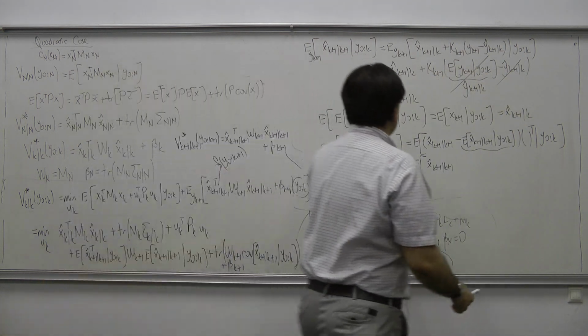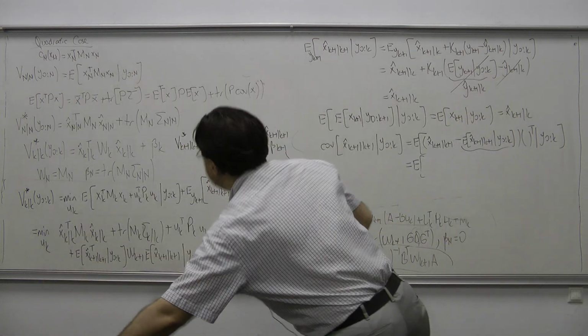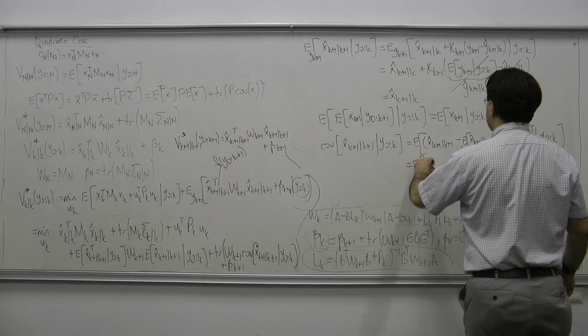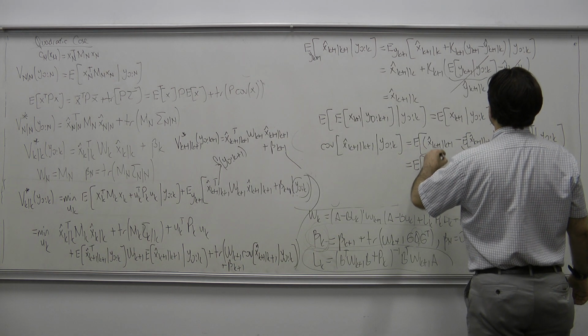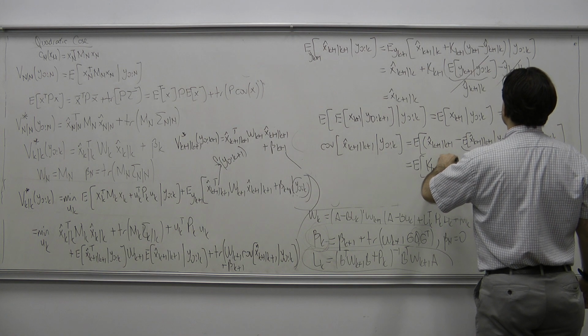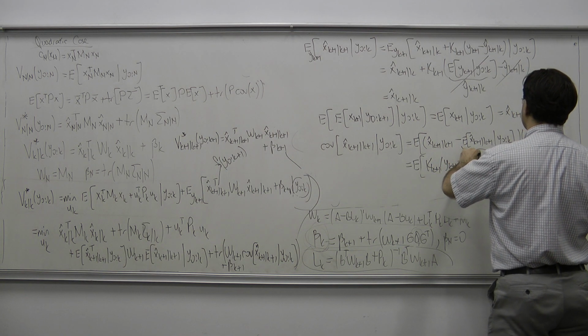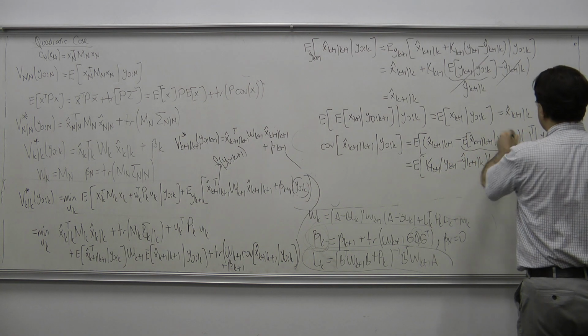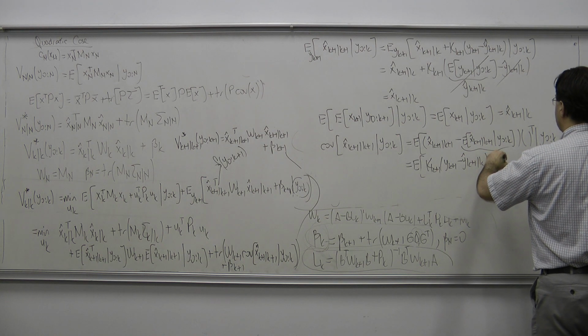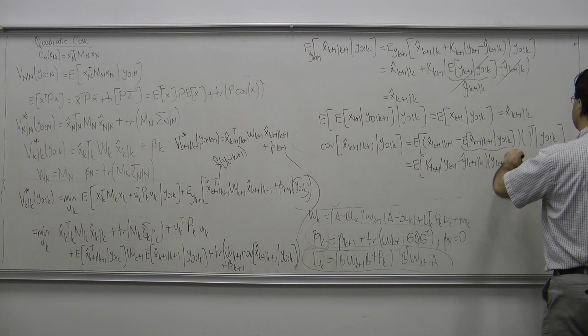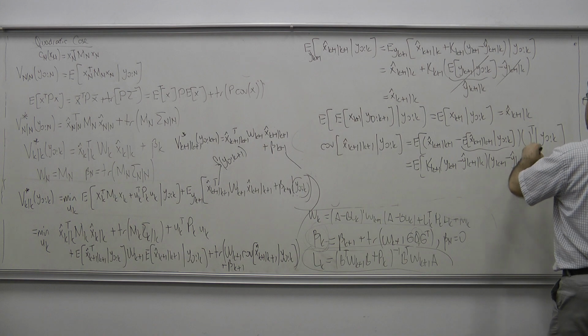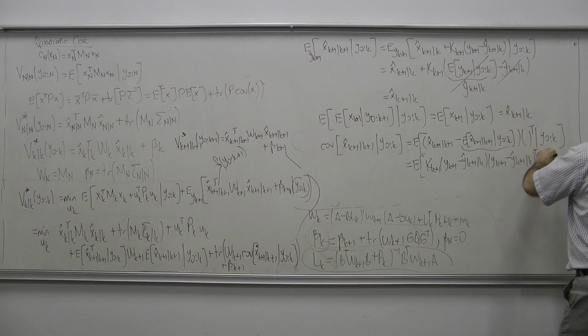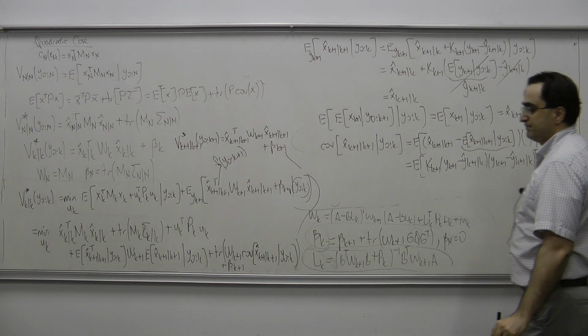So here the only term that I would have is K k+1 times y k+1 minus y hat k+1 given k, and its transpose, y k+1 minus y hat k+1 given k, transpose times K k+1 transpose, given y0:k.